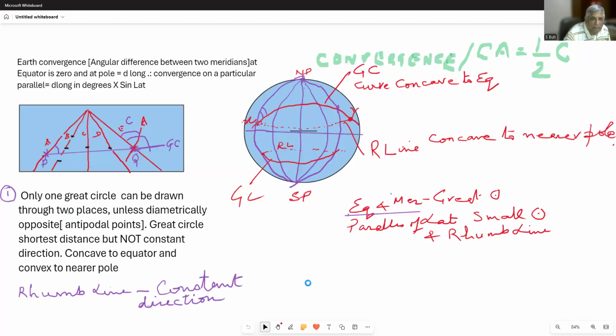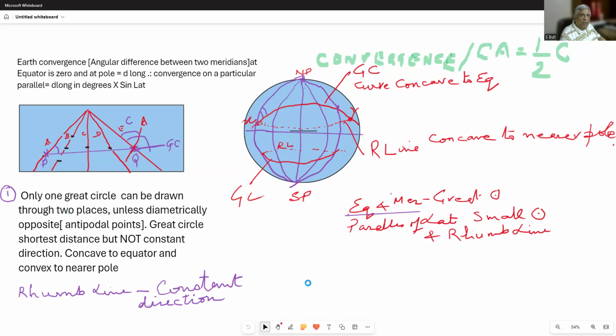Let me today take you back to the Earth. The Earth, as you know, is not a perfect sphere, it is an oblate spheroid, on which for the purpose of reporting position, we have created a network of vertical circles and horizontal circles.